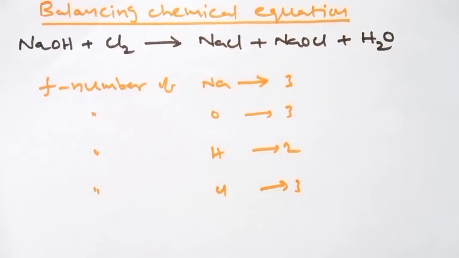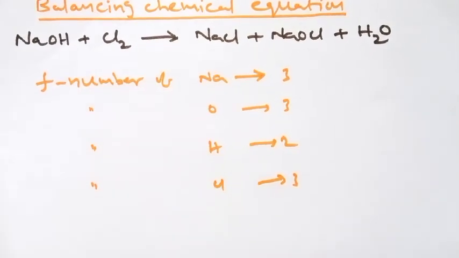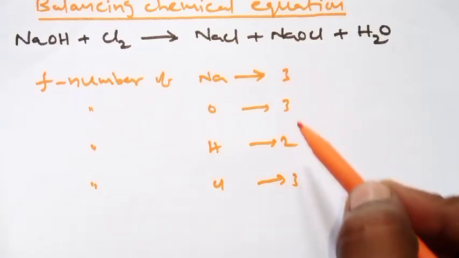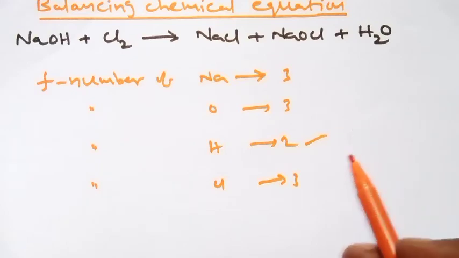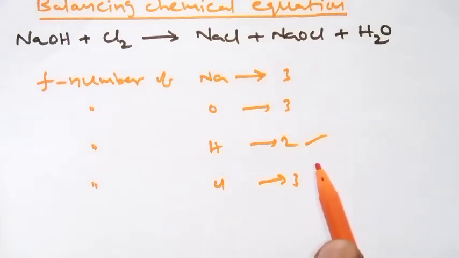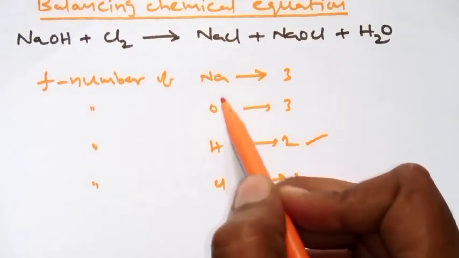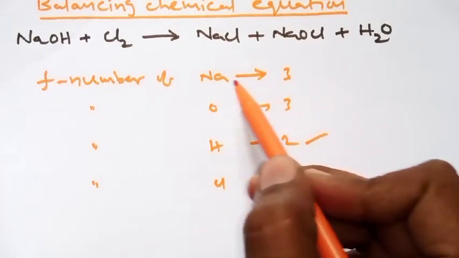After that, you start balancing the equation with the element which has the least frequency number. So from least frequency number to highest frequency number. Among all, which is the least frequency number? Hydrogen. That is why you have to start balancing from hydrogen. Suppose two or more elements have the same frequency number, for example sodium, oxygen and chlorine.